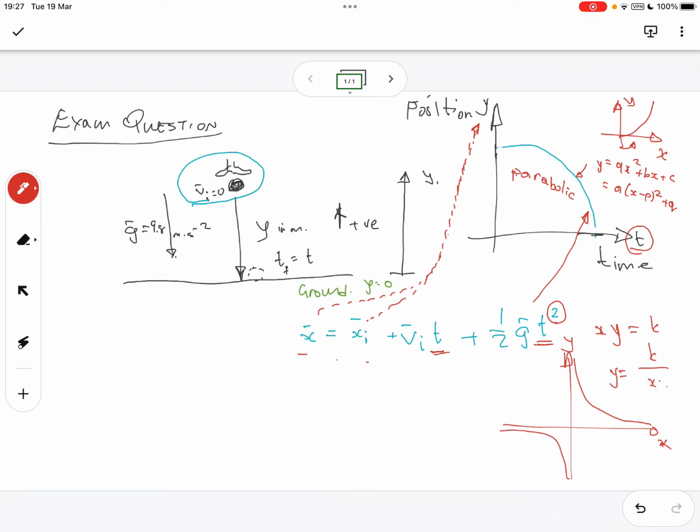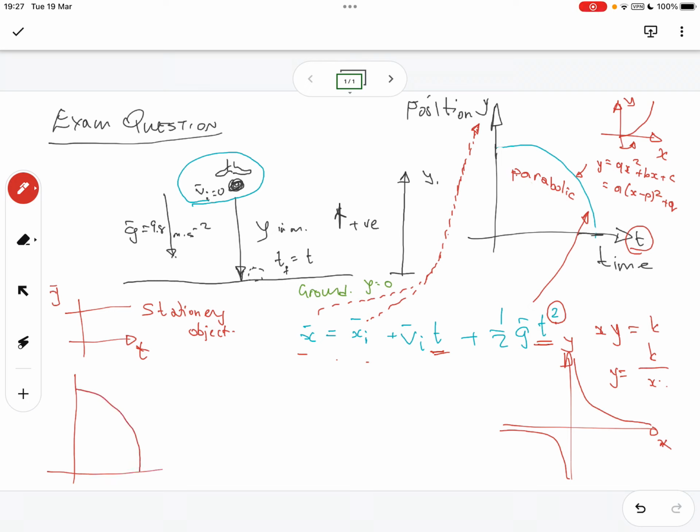And you said graph A falls off because it implies uniform motion. And graph D implies that the object is stationary. So if it's position and time, then this implies a stationary object.